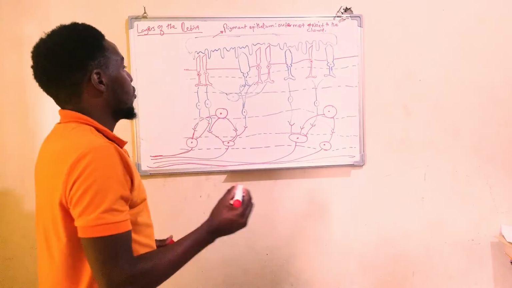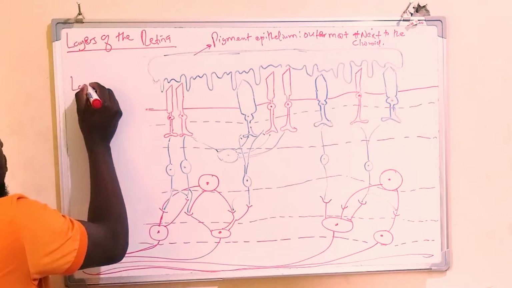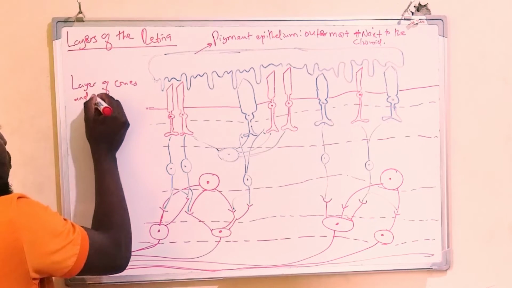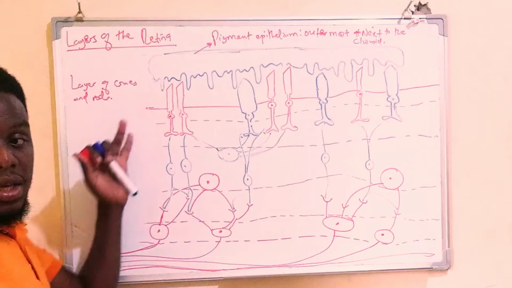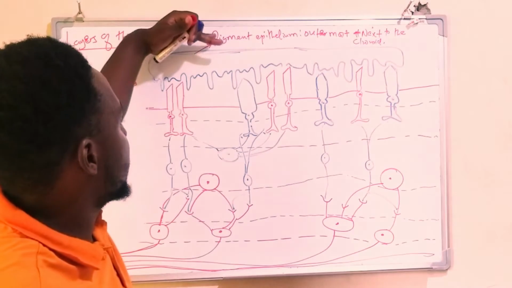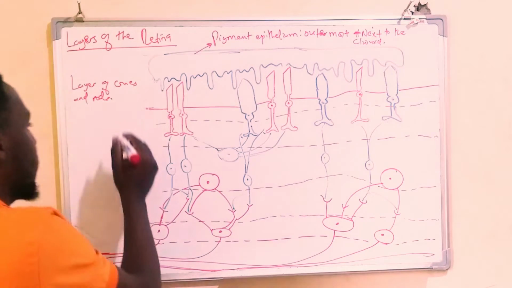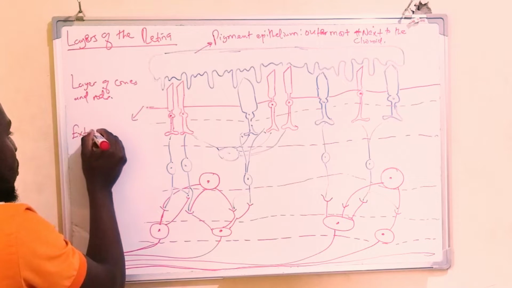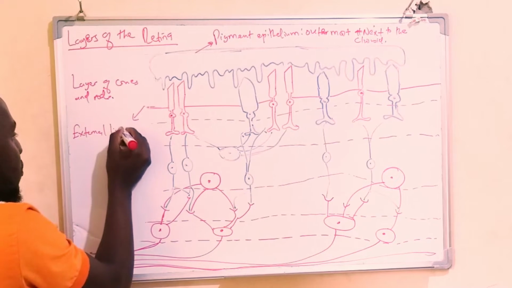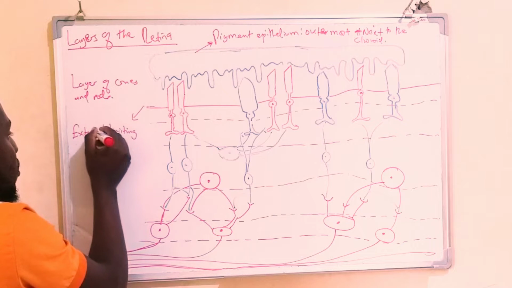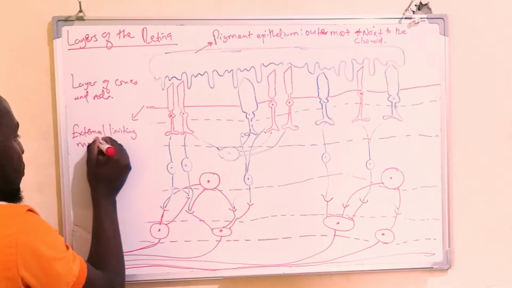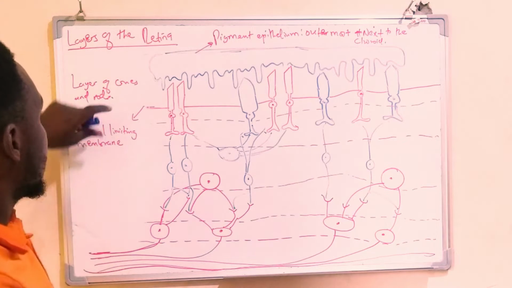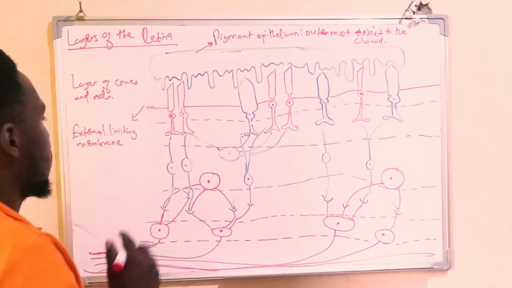Layer of cones and rods. This layer is in between the pigment epithelium and the external limiting membrane. So this is our layer of cones here.